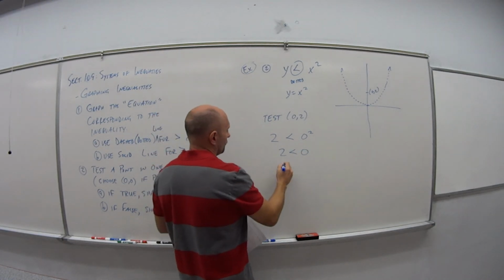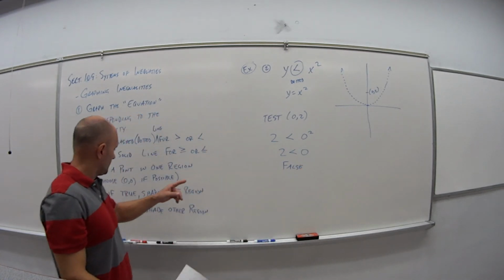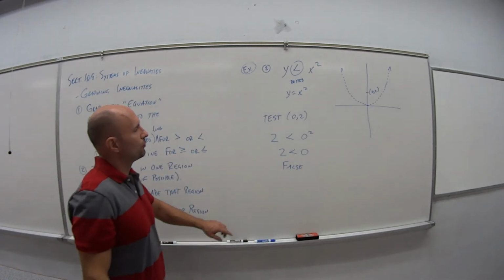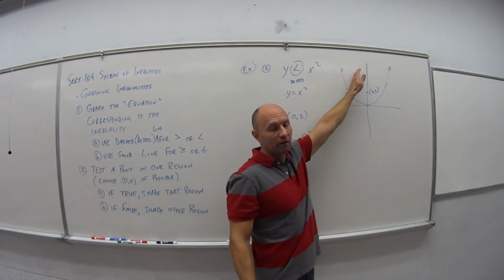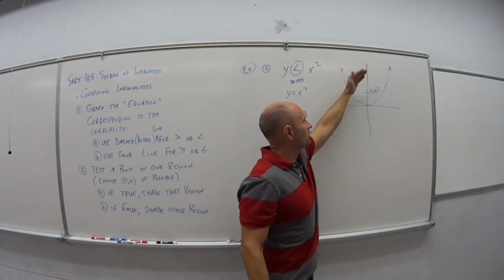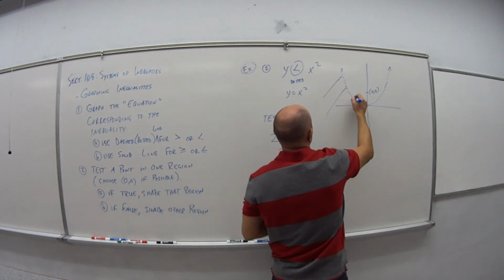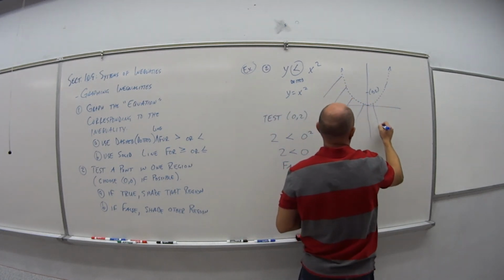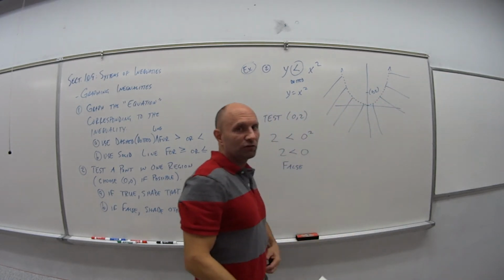That is false. 2 is not less than 0. So false means I shade the other region. My point that I tested is inside the parabola. That gave me a false answer, so I need to shade everything on the other side, which is basically the outside of the parabola. So that is my solution.